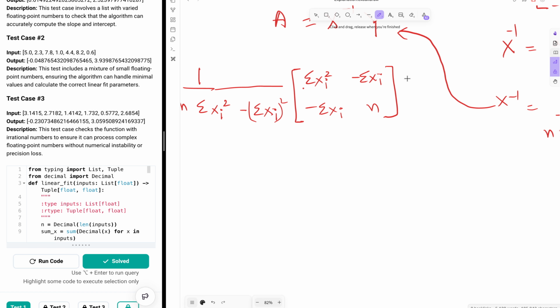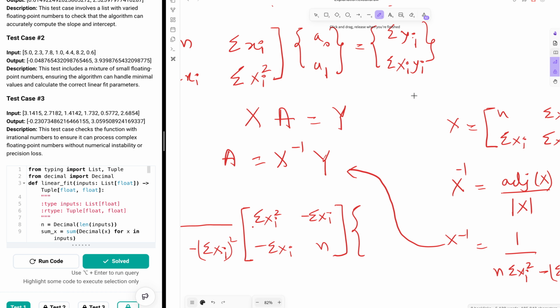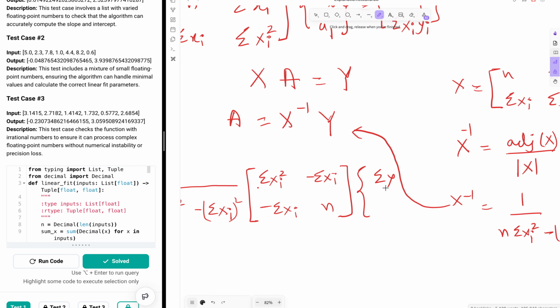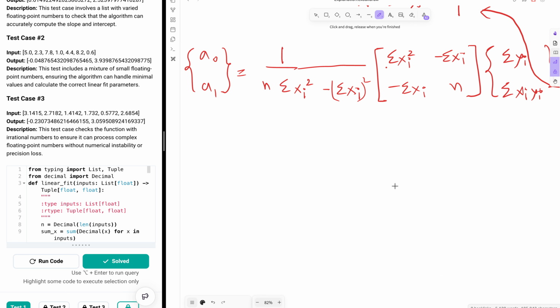This is the x inverse, and on our y we have summation of yi, summation of xi yi.